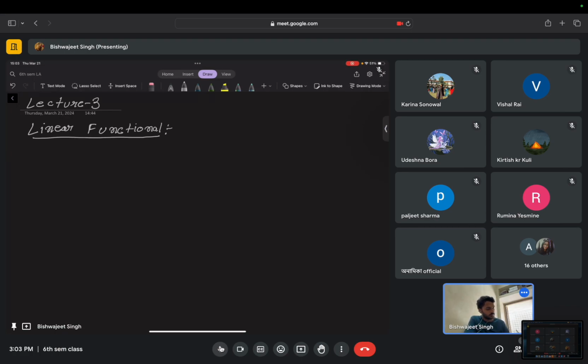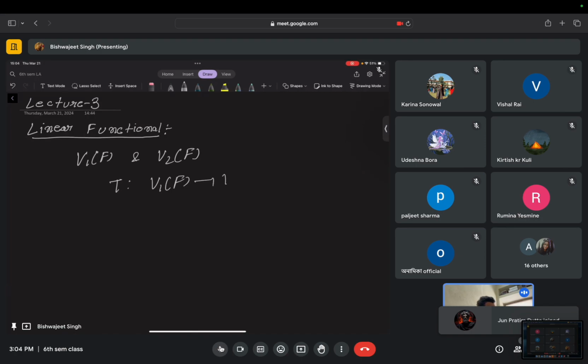So what is a linear function basically? In a simple sense, a linear functional. We saw what a linear transformation is, right? So I can just go back. We saw that if we had two vector spaces V1 over F and V2 over F, and we define a function from V1 over F to V2 over F with some properties, and if they satisfy those properties, we said that T is a linear transformation or a linear map.